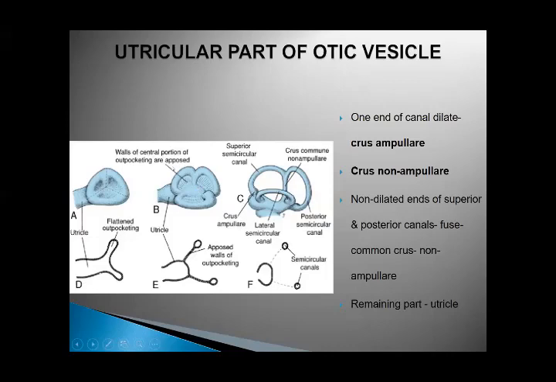So you now have 3 semicircular canals, but you have 5 crura. 1, 2, 3, 4, and this is a common 5th crus.